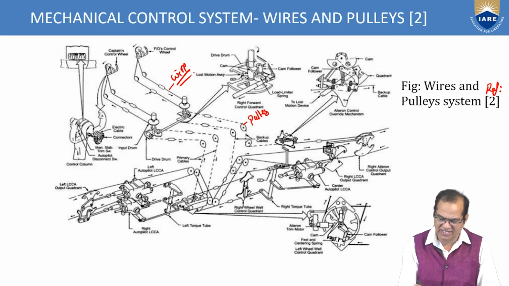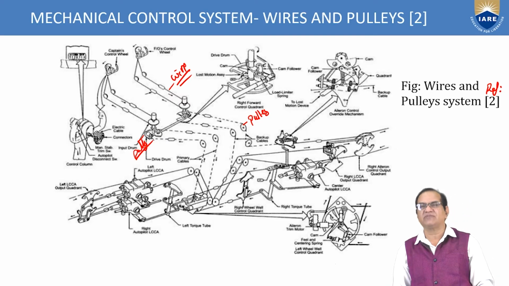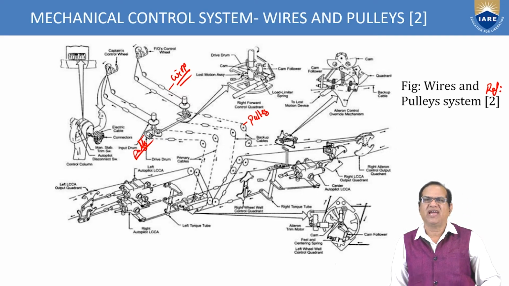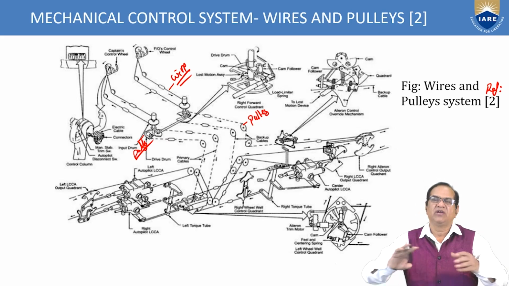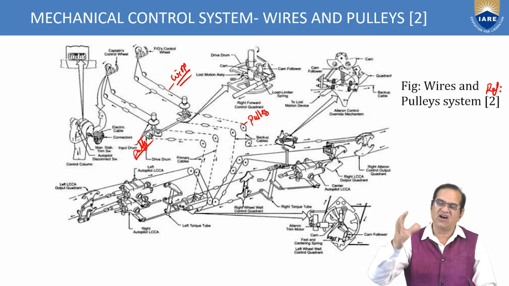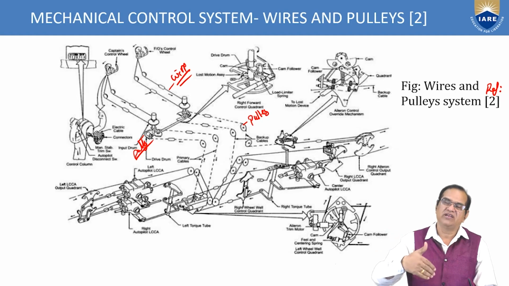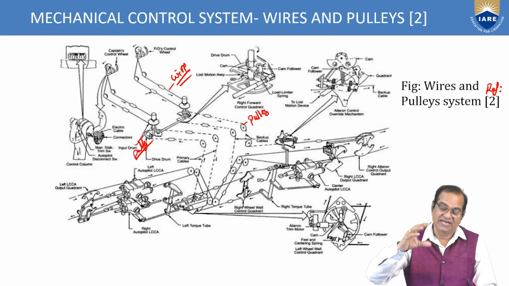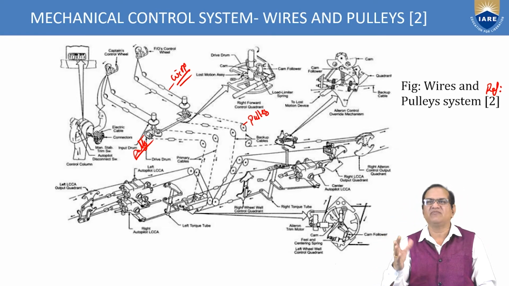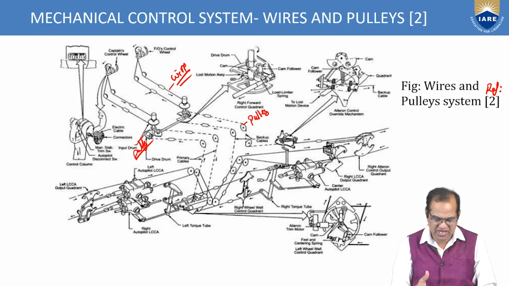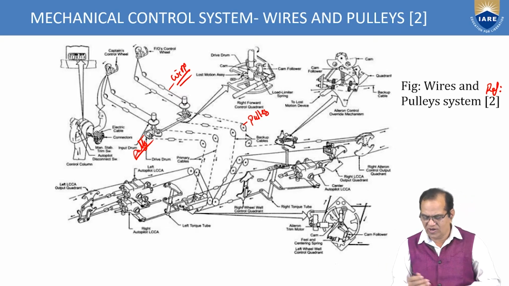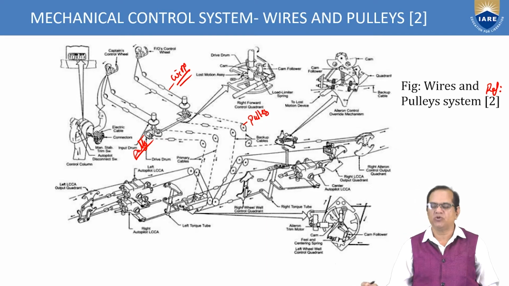Everywhere we have wires, pulleys and bearings. These systems are used mostly in helicopters and all types of aircraft. If you want to turn the angle of attack of the tail rotor of a helicopter, we use this type of system, and it works the same as the push-pull rod which I showed earlier.